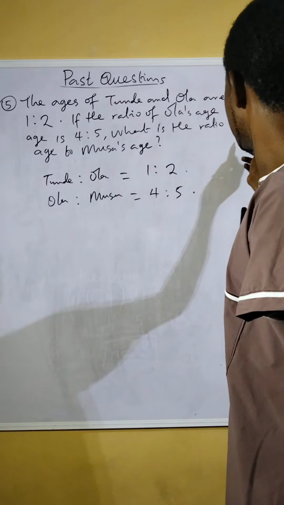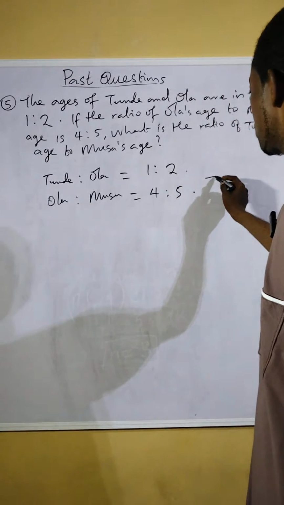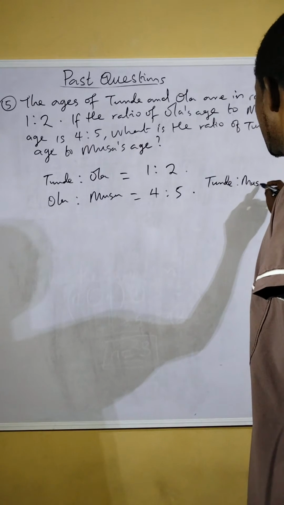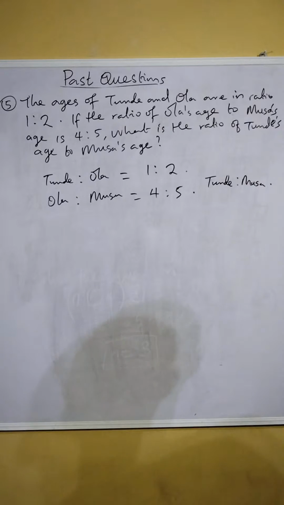And we have to find the ratio of Tunde to Musa's age. So Tunde to Musa's age is now what we are finding.